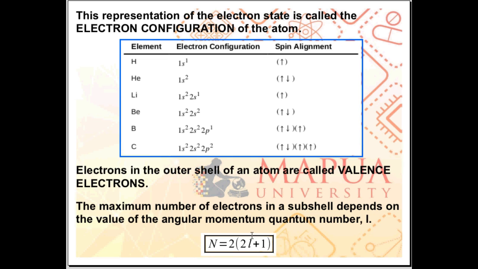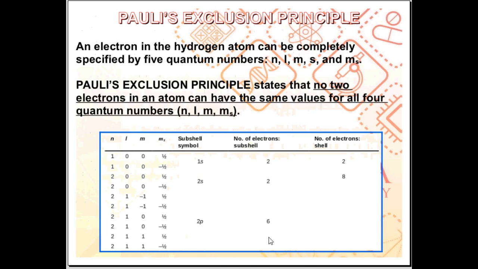So 1 times 2 plus 1 is 3, and 3 times 2 is 6. So the maximum number of electrons in the subshell L equal to 1, or p, is 6, as illustrated in this table: 1, 2, 3, 4, 5, 6 electrons in the subshell p.